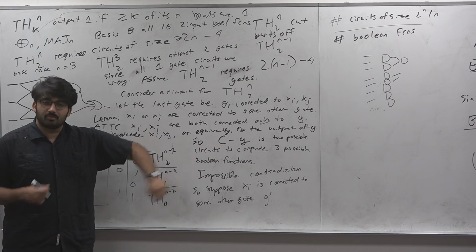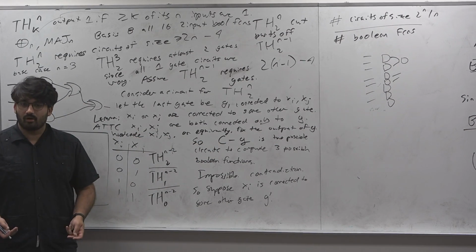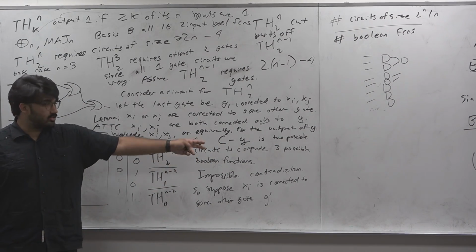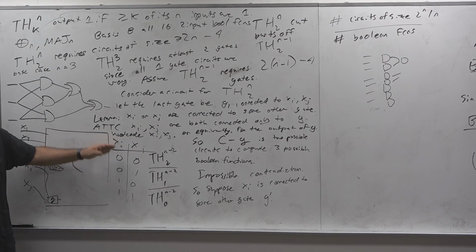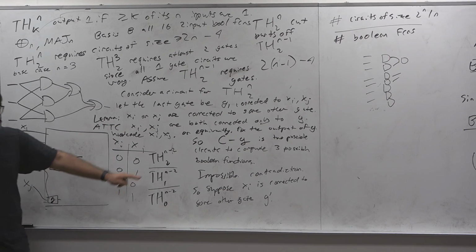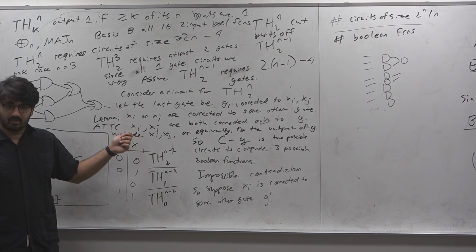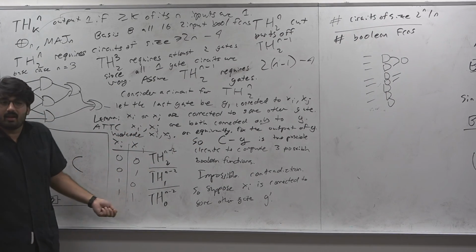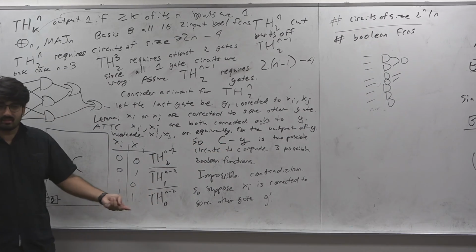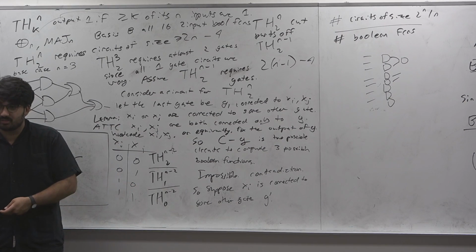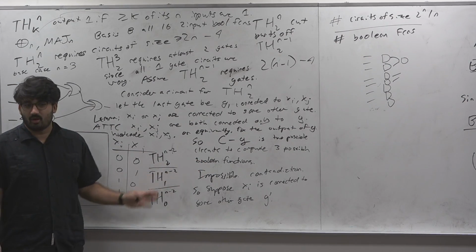C minus G could be two possible circuits, one with a 0 hard-coded there, one with a 1. Either way, it's only two options. But those two options somehow have to equivalently compute three possible Boolean functions. And it's not the case that you can eliminate a function either. It must be one of these three. That's impossible. These don't match. So obviously there's a contradiction.